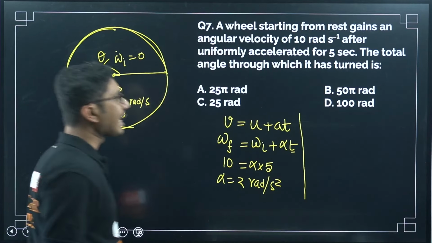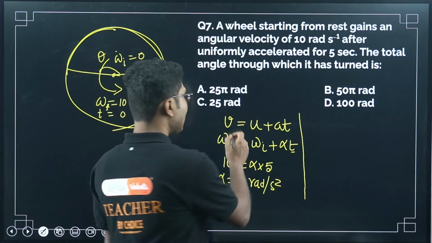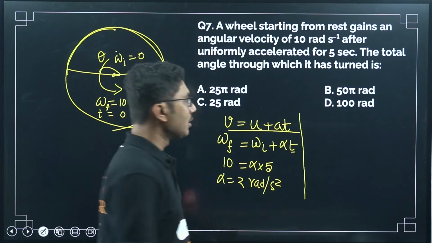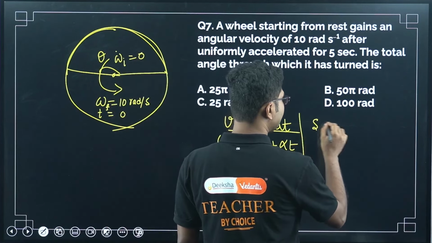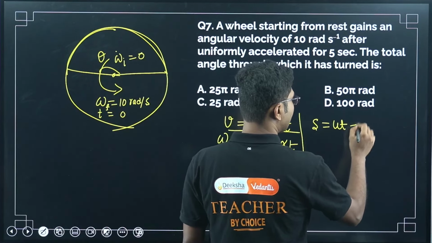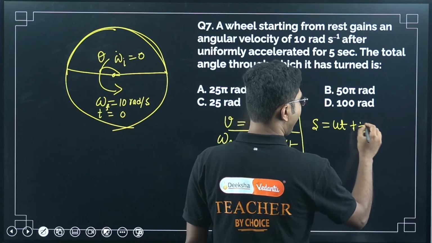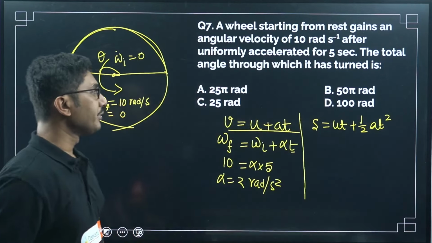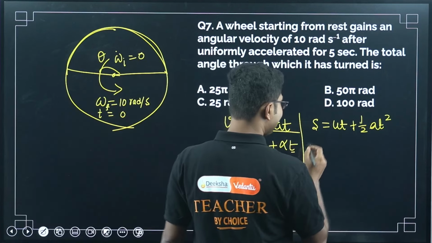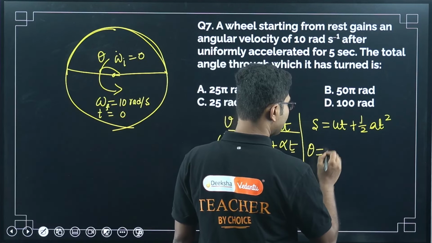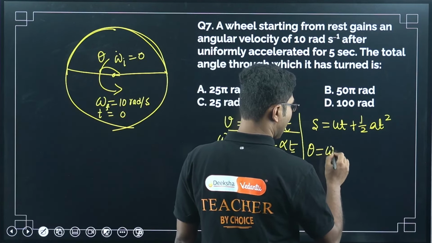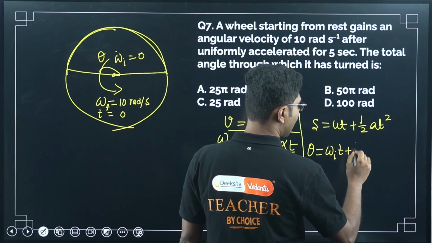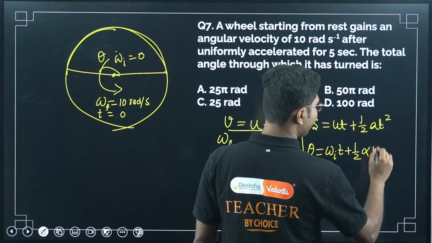Now how can we find the displacement? In the linear case, what equation have we used? To find the displacement, we use s equals ut plus half at square. So in this case we will use theta equals omega initial t plus half alpha t square.